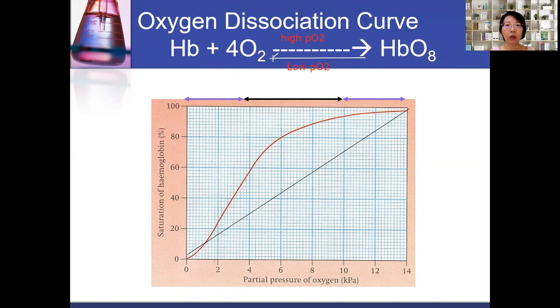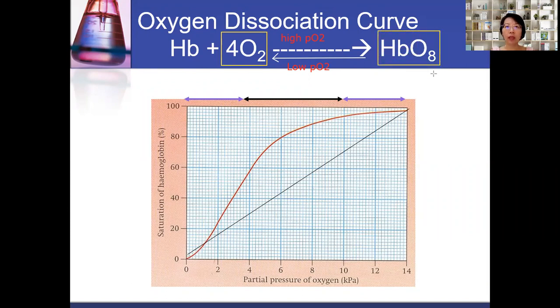So this is a chemical equation, which you know can move to the right or to the left. It depends on both the concentration of the substrate versus the concentration of the product, right?